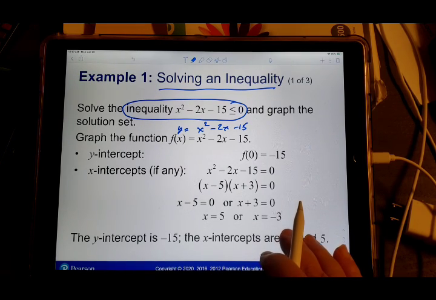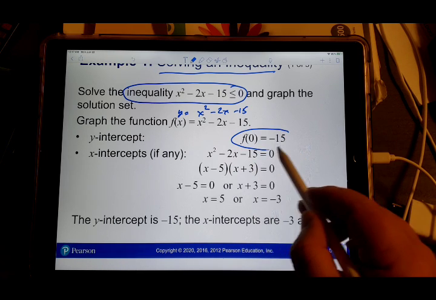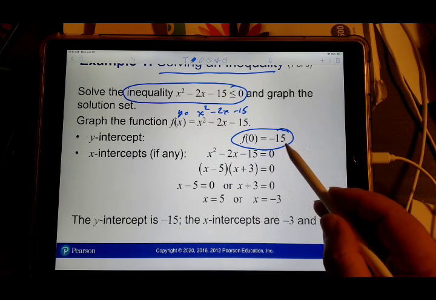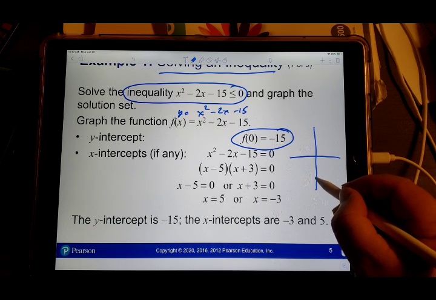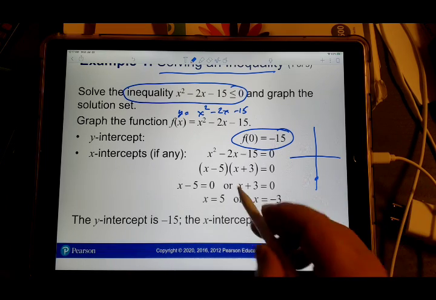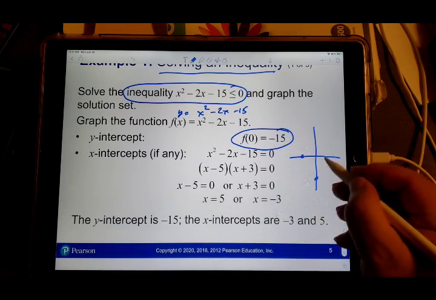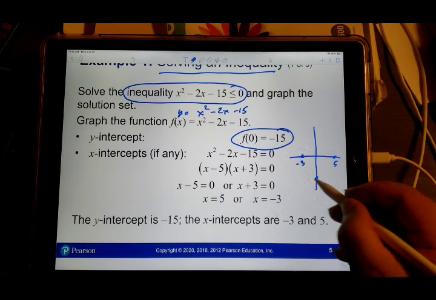I'm sorry, the author's doing a lot of extra work here. They found the vertex, the y-intercept is negative 15, and set the function equal to 0 to find the x-intercepts, negative 3 and 5.